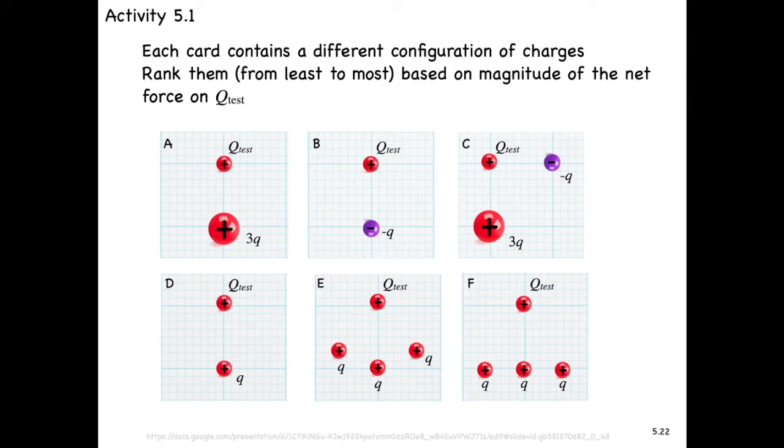What direction do you think the test charge here is going to feel a force pushing it? It's going to point straight up. Just from the symmetry, you can see that the 3 force vectors are all going to have upwards components. So what's going to be bigger? The force on the charge here or the force on the charge here? A or E? I heard an A. Do you want to explain?